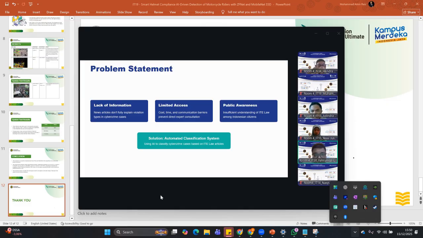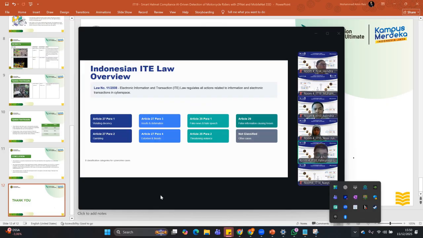The third is public awareness: insufficient understanding of ITE law among Indonesian citizens. And then the solution is an automated classification system using AI to classify cybercrime cases based on ITE law articles.